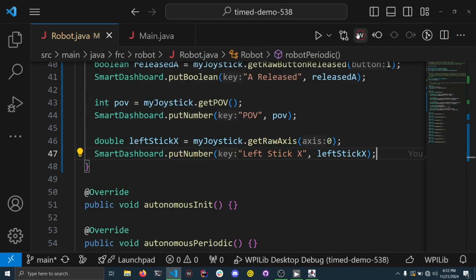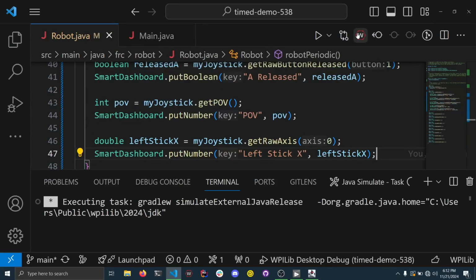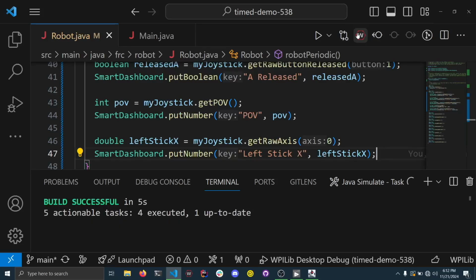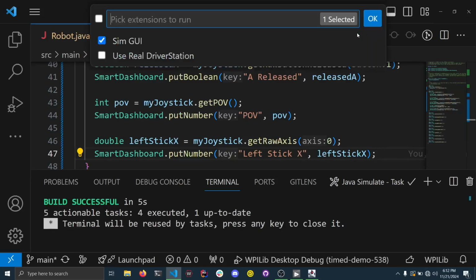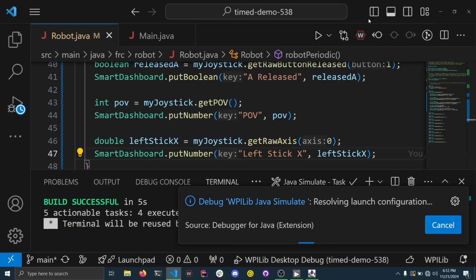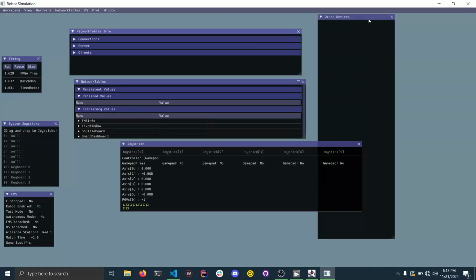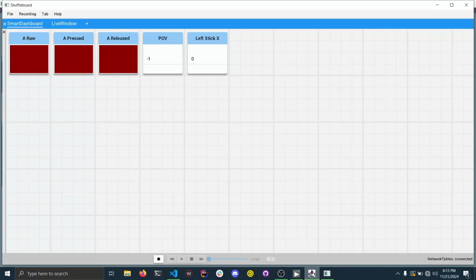WPILib, simulate robot code. Sim GUI, use real driver station, okay. Simulation's running, and there is my value.